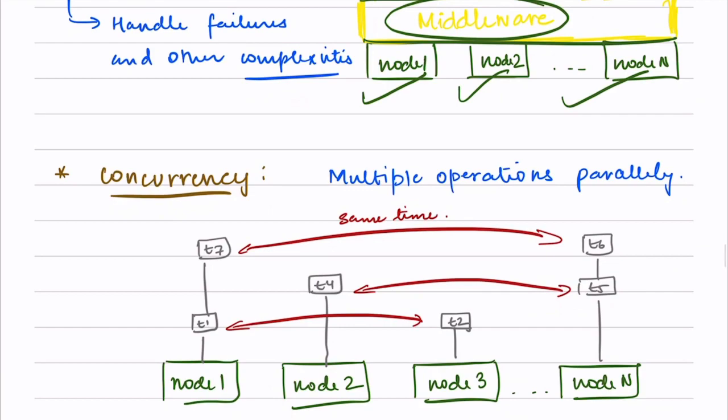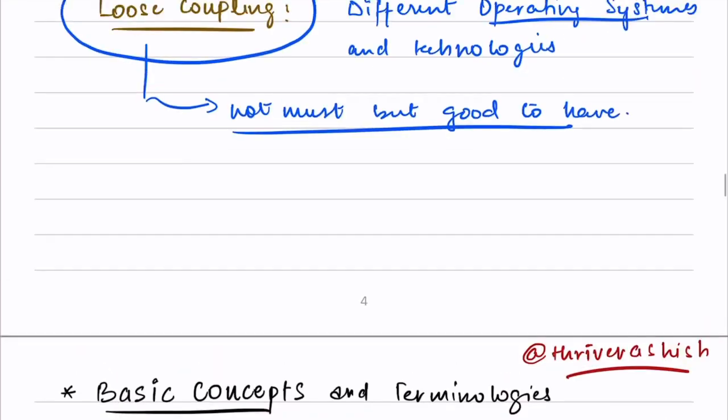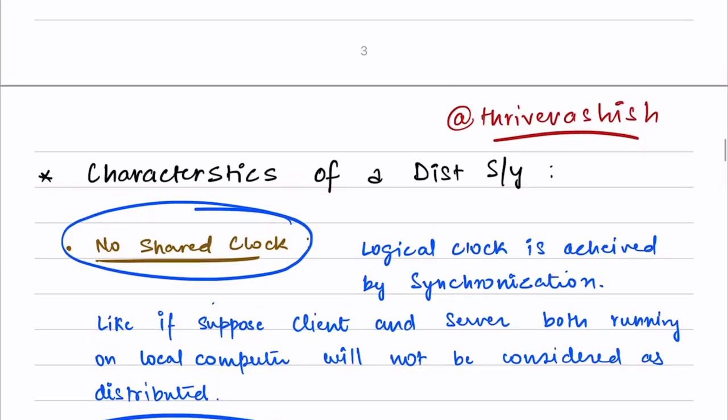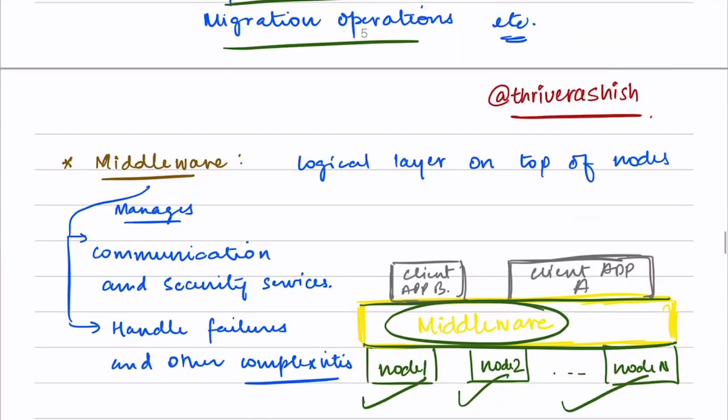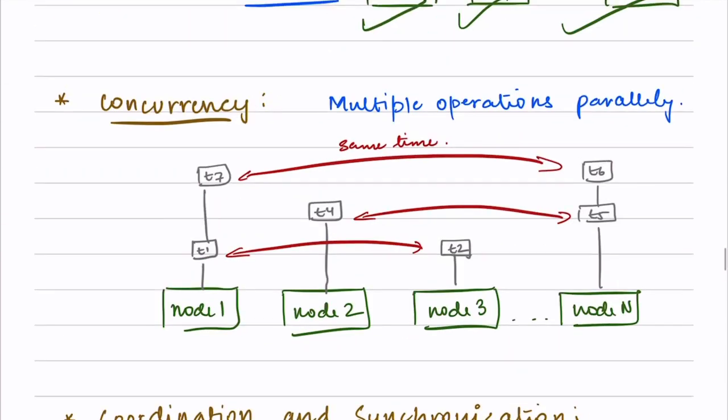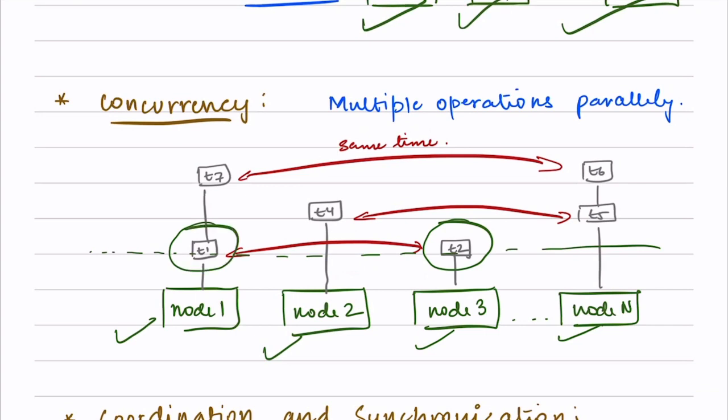Next is concurrency, which we have already studied in the characteristics, but here we'll see what concurrency exactly is with the help of a diagram. Multiple operations happening in parallel is known as concurrency, or multi-threading, something like that. Here this is node 1, node 2, node 3 and node n. Node 1 is performing t1 at this particular time interval, and node 3 is also performing t2 at the same time.